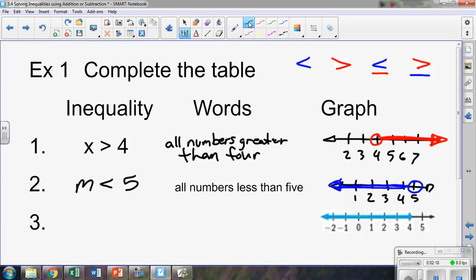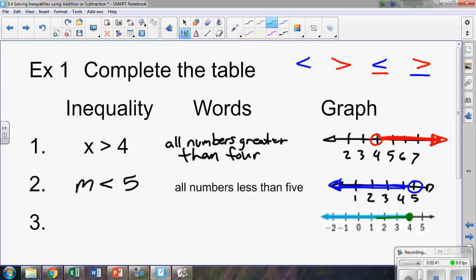Progressing to the third one. When we look at this one, we should observe we've got our dot over on the 4. And because this 4 is filled in, that's telling us that we would have something that would be less than or equal to. It could be greater than or equal to.